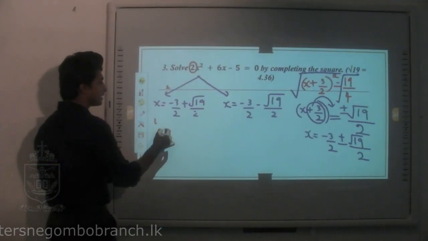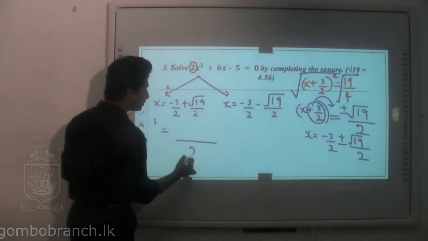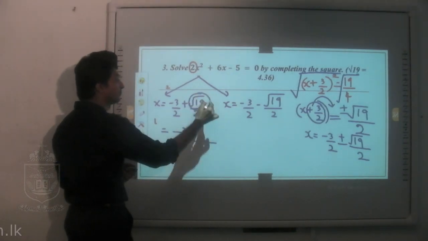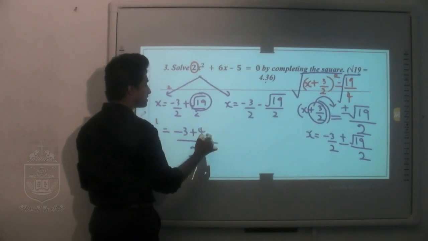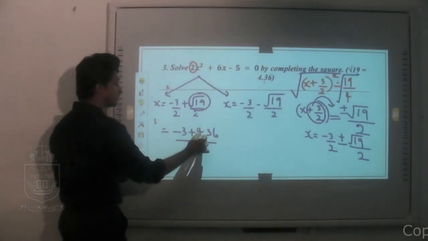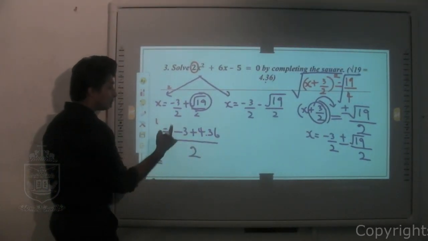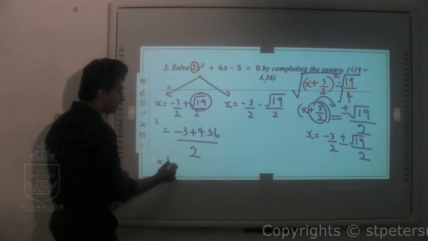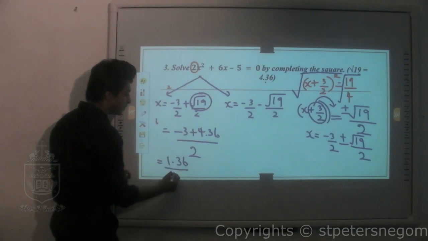So then from this side I can take 2 as the common denominator, minus 3 plus root 19. The value they have given is 4.36, so I can keep it as 4.36. That is going to be minus 3 plus 4.36, which is 1.36 divided by 2.